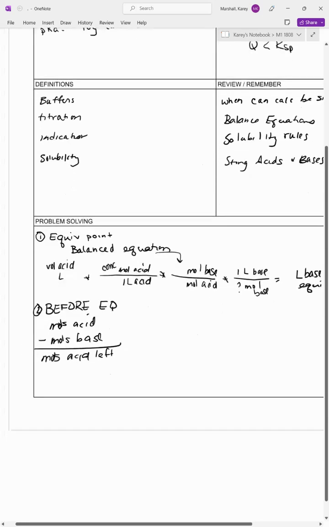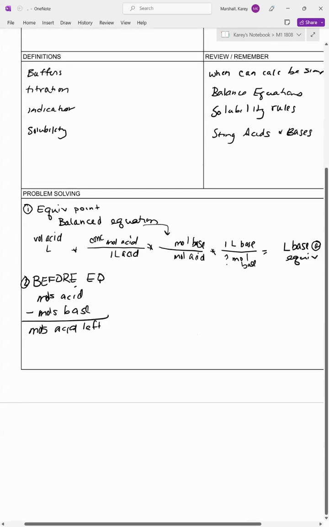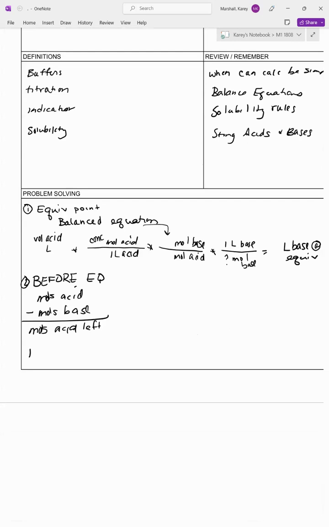Then we can find the pH by using that Henderson-Hasselbalch equation, but we can just adjust it a little bit. You're going to need that pKa, and then the log of the ratio.